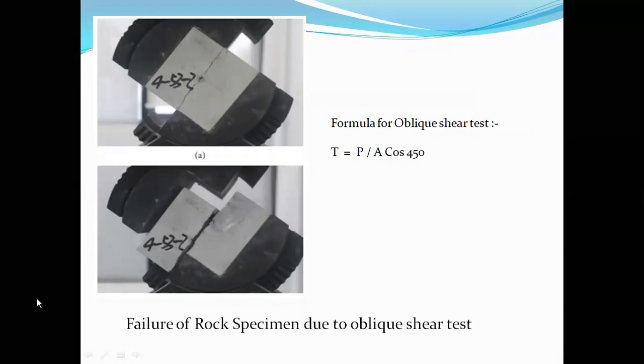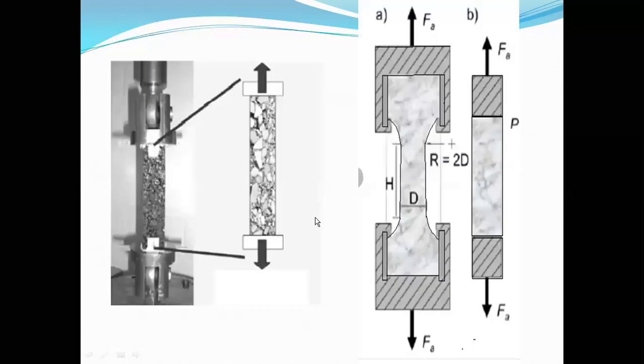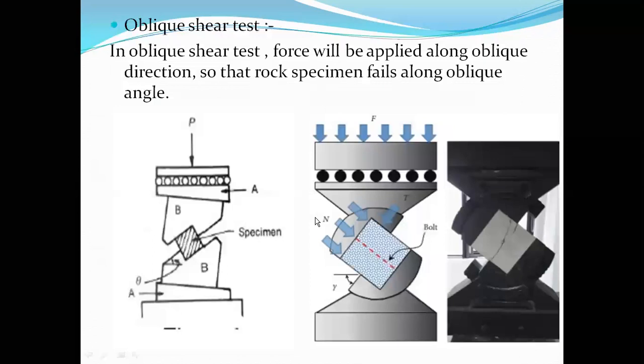The formula to determine shear strength by the oblique shear test is tau equals P by A, where P is the load applied and A is the cross-sectional area, times cos 45 degrees. Why 45 degrees? Because in this device, whatever angle it is making, this is 45 degrees.